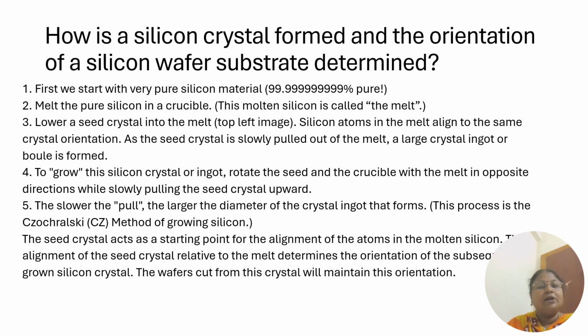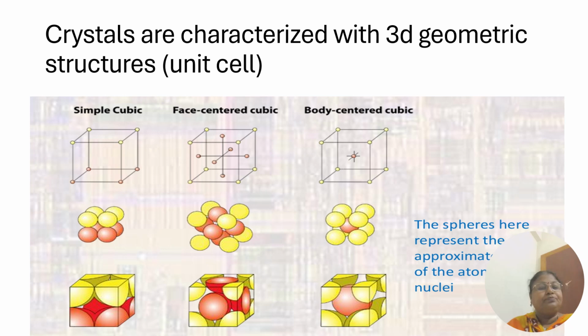And this crystal orientation is going to be determined with respect to a pure silicon crystal material, and with molten silicon, a lower seed crystal ingot is going to be obtained, and the large diameter crystal ingot is formed, and from that the alignment of atoms is going to happen in the alignment of the seed crystal, which is going to have a melting phenomenon. The orientation is going to be there. The wafers are cut from this crystal in order to maintain this particular orientation.